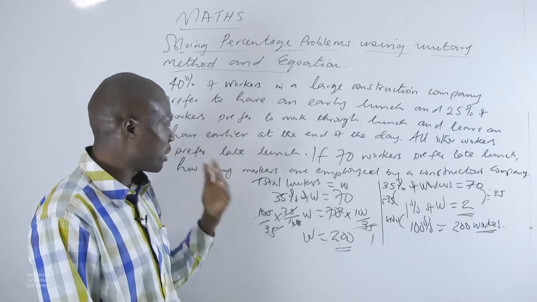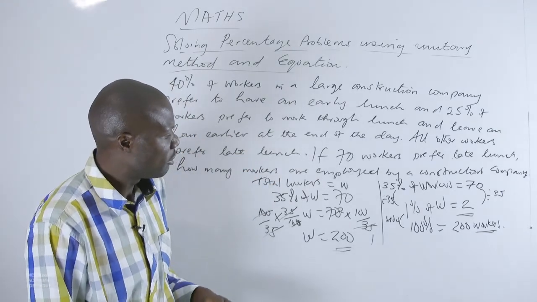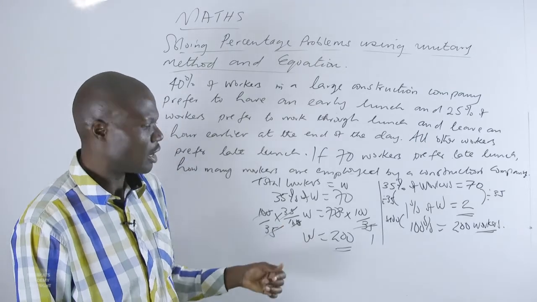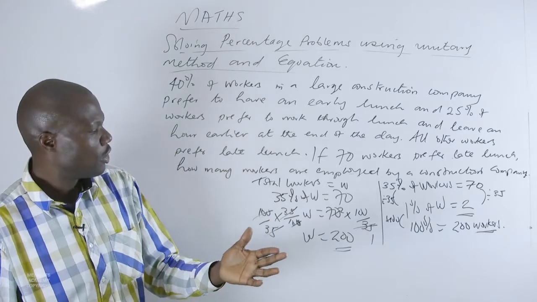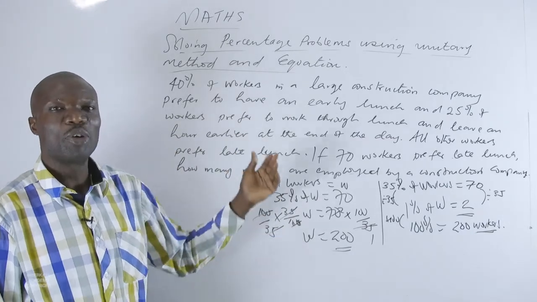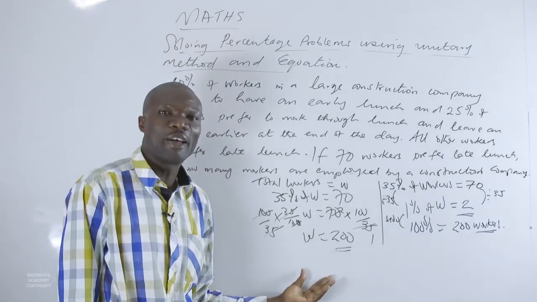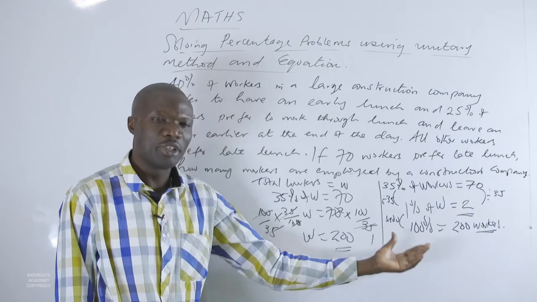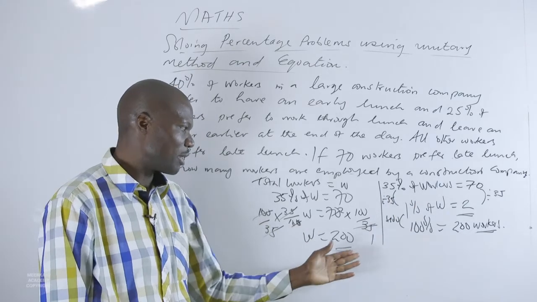And 25% of 200 is 50. So we should be able to approach this question from whichever dimension and arrive at it: unitary method, equation method, and we have the same answer.